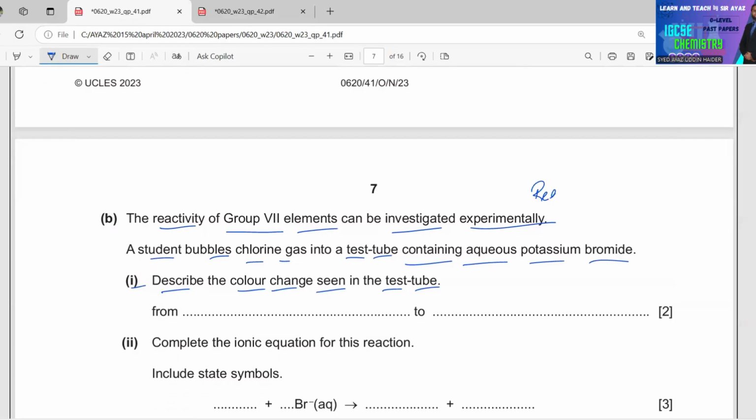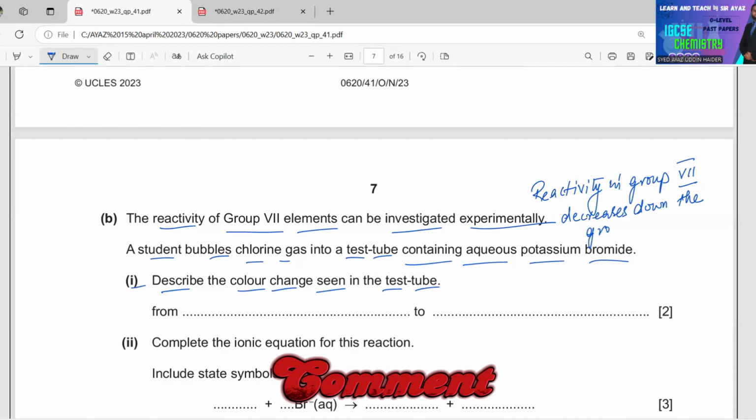Reactivity in group 7 decreases down the group. The reason is that they all are non-metals.